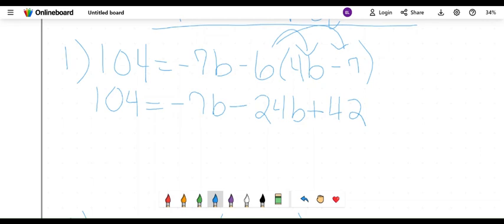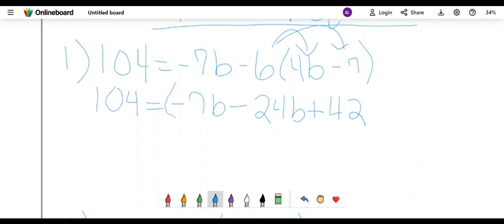Alright, so before we start isolating variables, first we have to make sure whether there are like terms. If there are like terms, we group them, which is the commutative and associative property. There is a like term here.